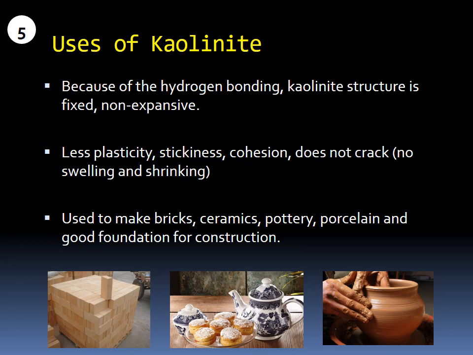Because of all of these things, it is a good clay mineral that can be used for construction and many other purposes. For example, in India and many other countries, they create bricks with these types of clays.